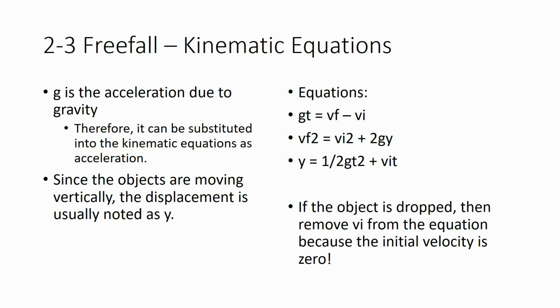So for instance, acceleration times time is equal to the difference in velocity. Gravity times time is equal to the difference in the velocity, and so on, as you can see in the equations. If we say the object is dropped, the initial velocity is 0, and we can remove that from the equations, thus simplifying our work quite a bit.